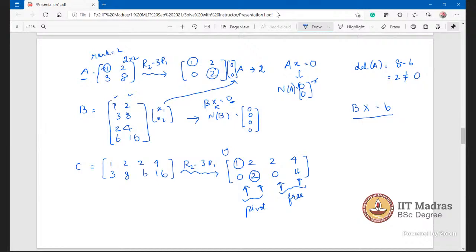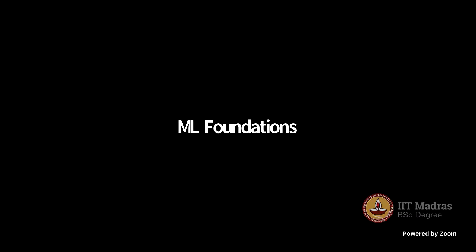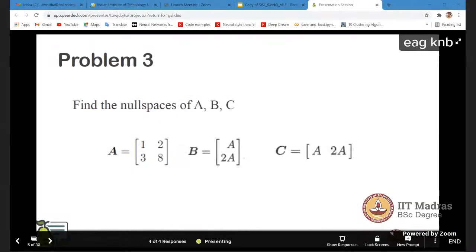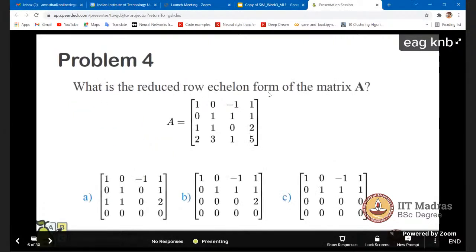So we shall move to the next question. Let me stop sharing and share that. So we have found this question. Next question, it's simple: what is the reduced row echelon form of the matrix A?